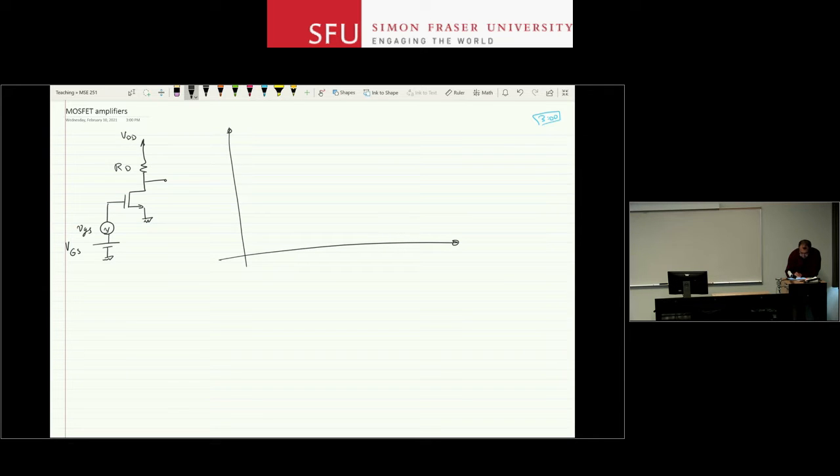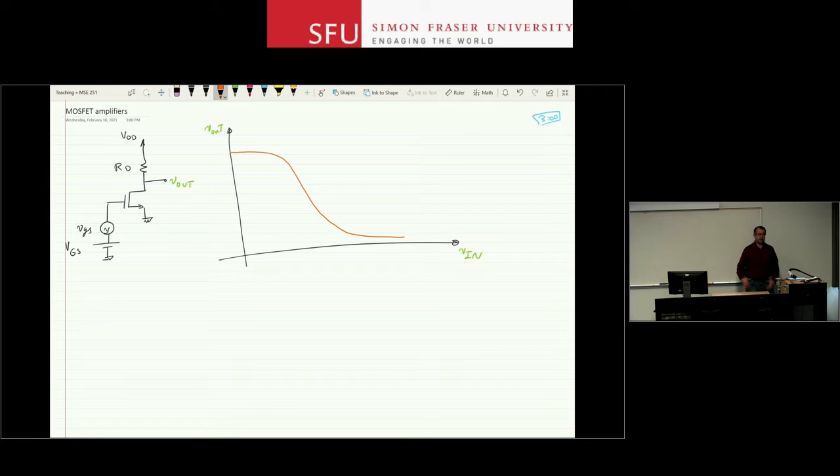So if you go and draw the V out, V in relationship for this circuit, similar to what we had for a BJT, we have a behavior like this. Difference is that with a BJT you hit almost a hard limit at the saturation, and VC sat will not change. With a MOSFET, you don't hit that.